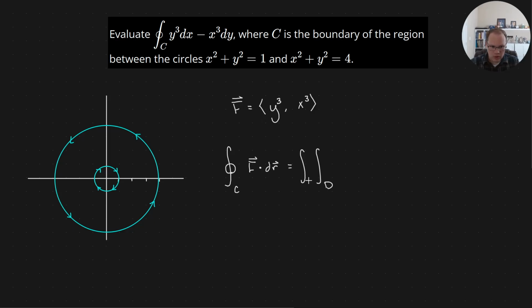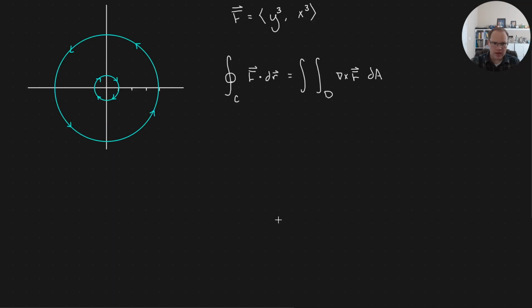So instead, we're going to integrate the scalar curl of function f over the region. Now, the scalar curl of f, and let me derive it just so you can remember how to do that.